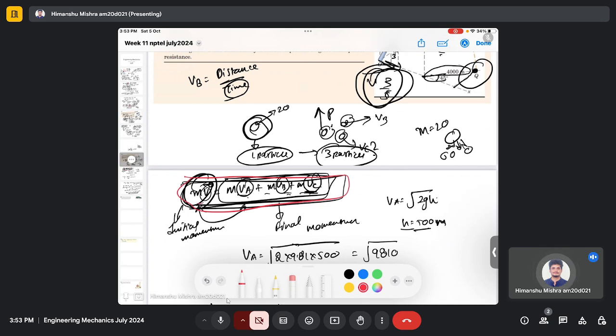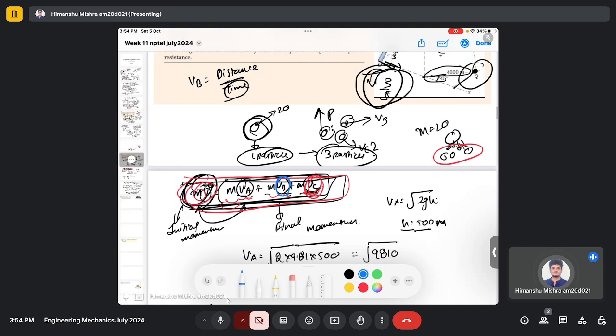That is, my mv initially equals my mass multiplied by velocity for the final momentum due to these 3 particles. So basically there will be 3 momentum terms due to these 3 particles. To calculate the velocity of fragment C, we need to calculate the velocity of fragment B and the velocity of fragment A. For fragment A, it is given that it is rising vertically after its split.